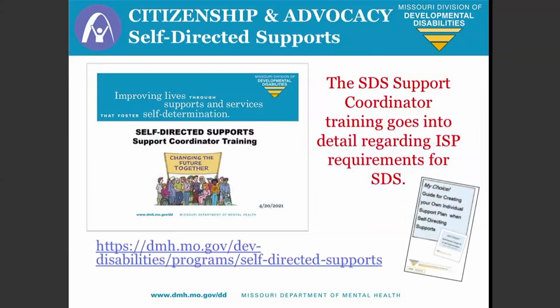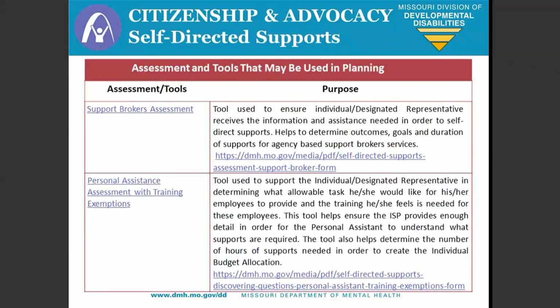The Self-Directed Supports Coordinator training goes into detail regarding the person-centered planning process and ISP requirements for self-directed services. Tools available for the planning process and self-directed supports include the Support Broker Assessment and the Personal Assistant Assessment with Training Exemptions.